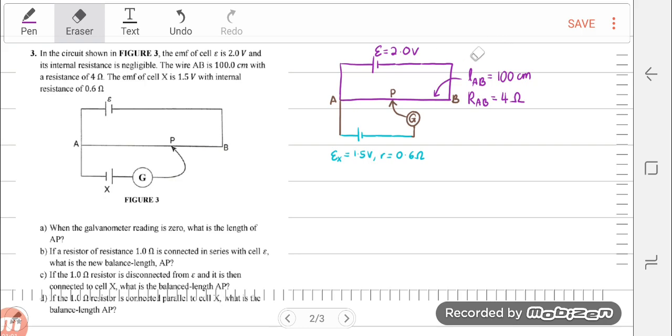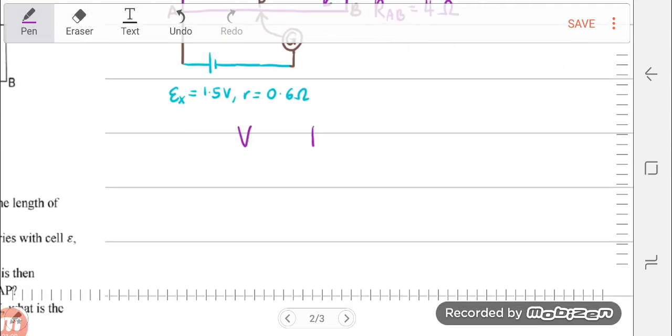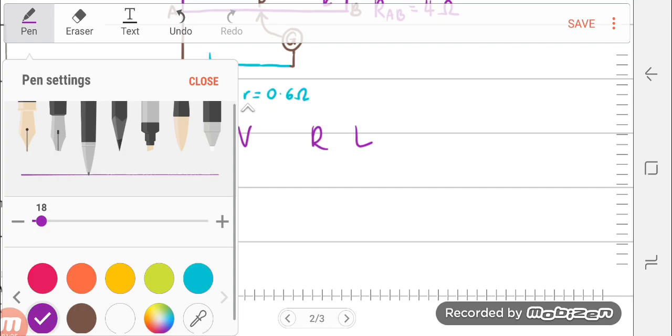There's a bridge here connecting the two circuits together. So we write the VRL table, for the upper circuit and for the lower circuit. I like to put it in blue because I've already drawn the lower circuit in blue. Right, so we go for the upper circuit first.